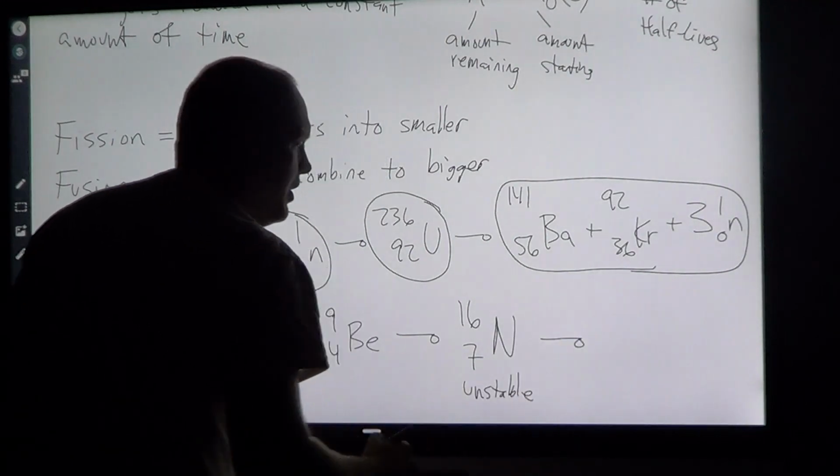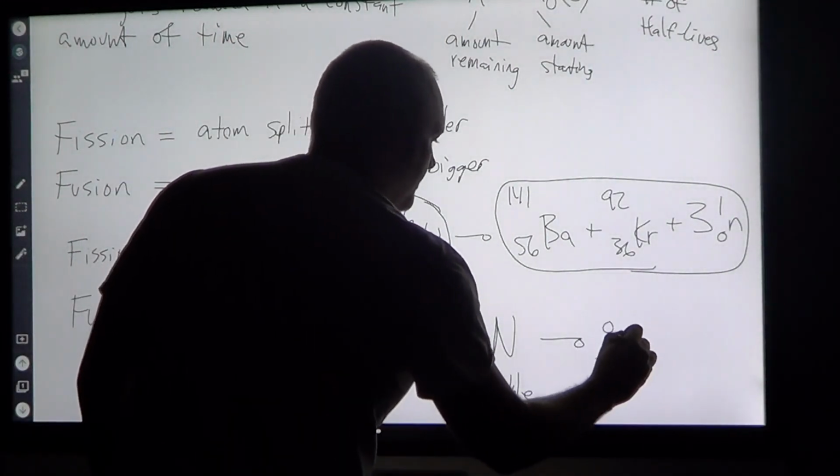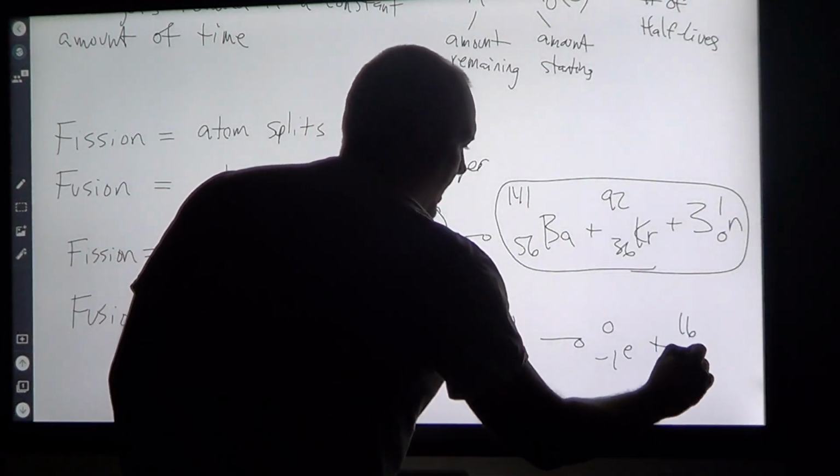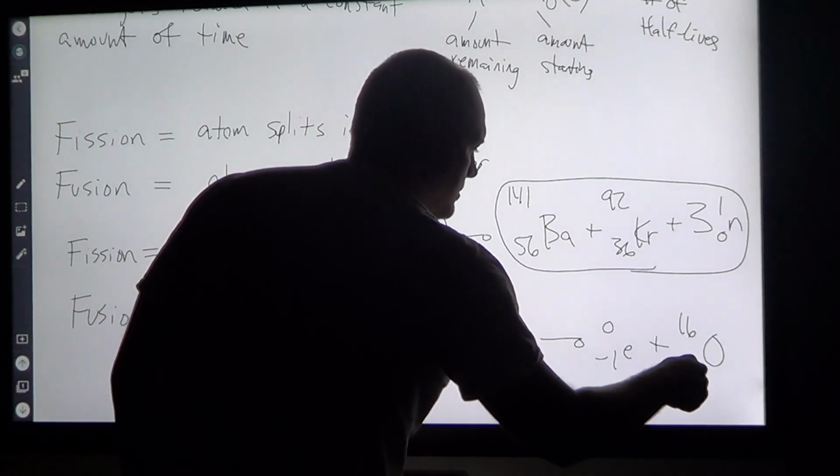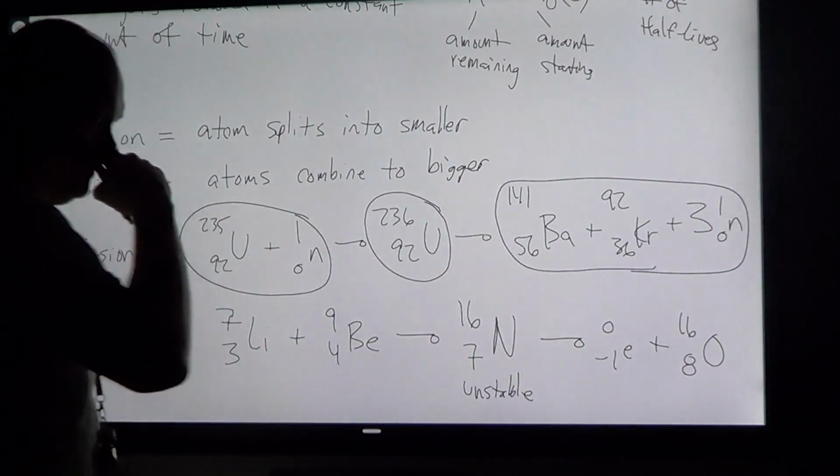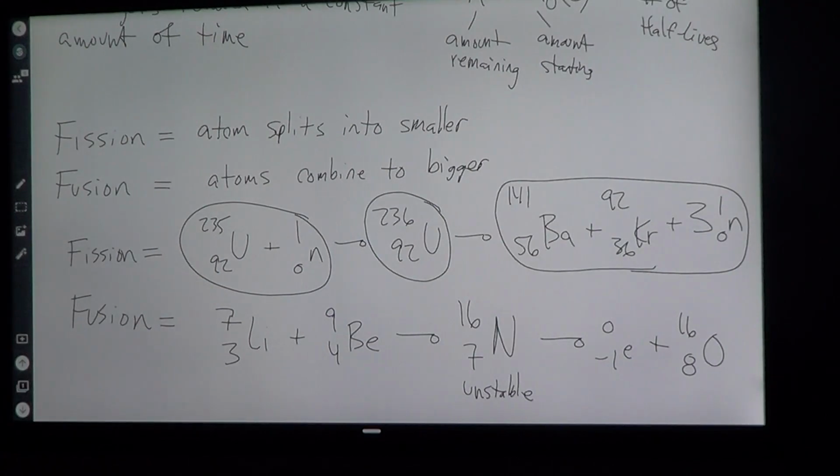And so then it would undergo beta decay to create a stable oxygen 16, and that is the mass of an oxygen atom. Okay?